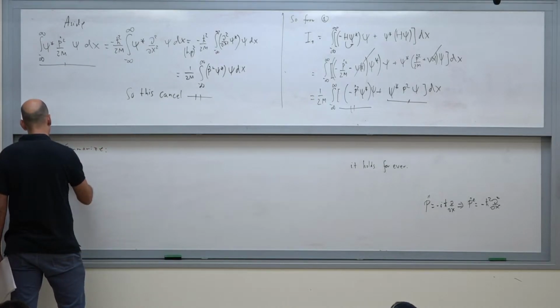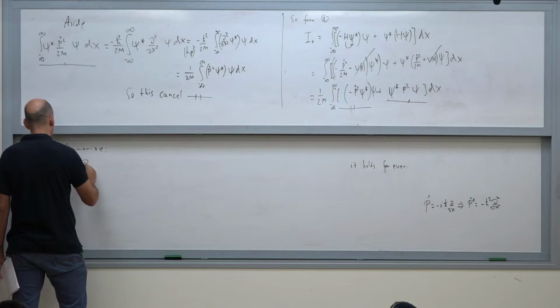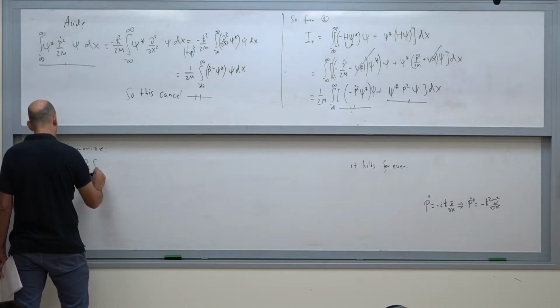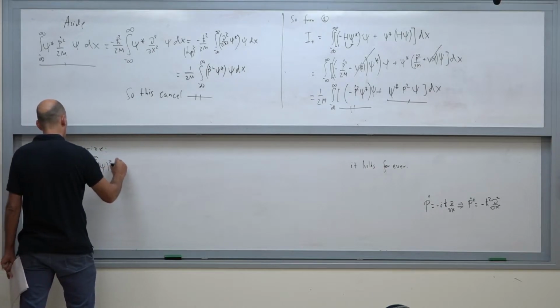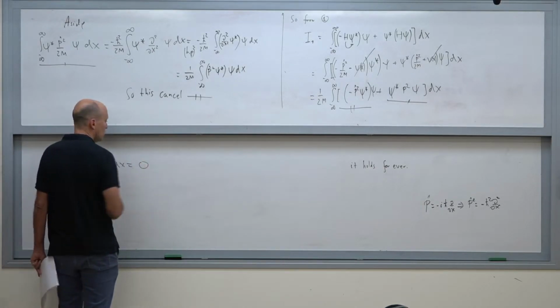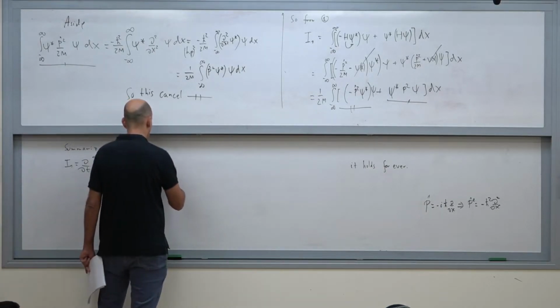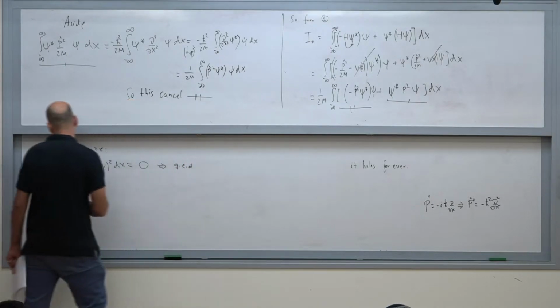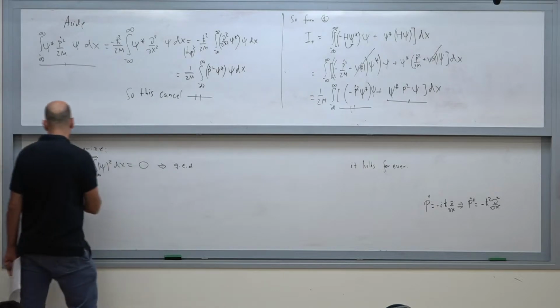I get that I1, which is the time derivative of this thing that we started with, dx, is equal to 0. So we have proven the conservation of probability.